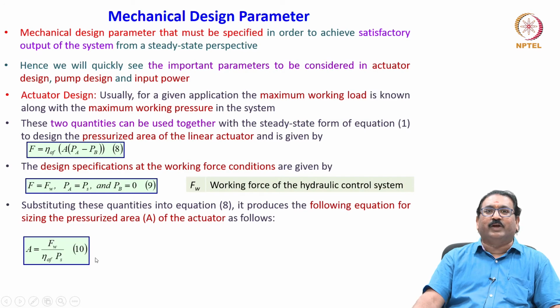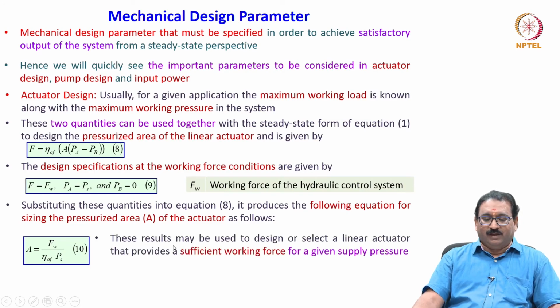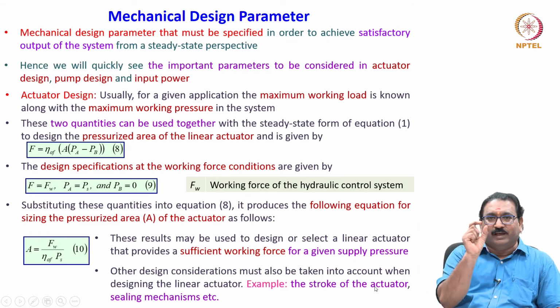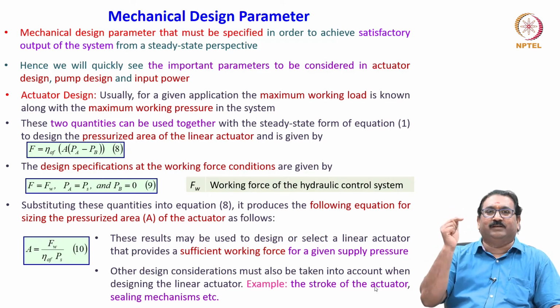We call it equation number 10. These results may be used to design or select a linear actuator that provides a sufficient working force for a given supply pressure. Other design considerations must also be taken into account when designing the linear actuator, for example the stroke of the actuator, how much it will move in extension as well as retraction, and the sealing mechanism provided. These are also very important.